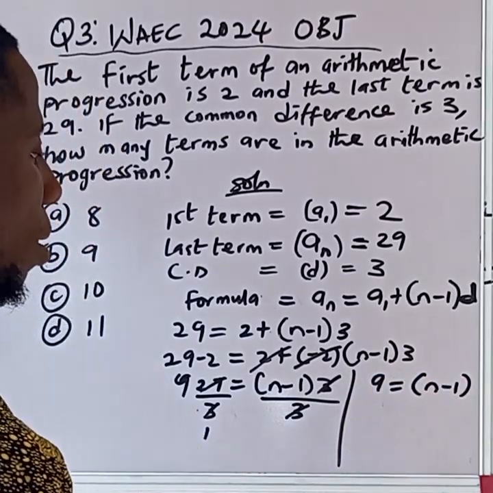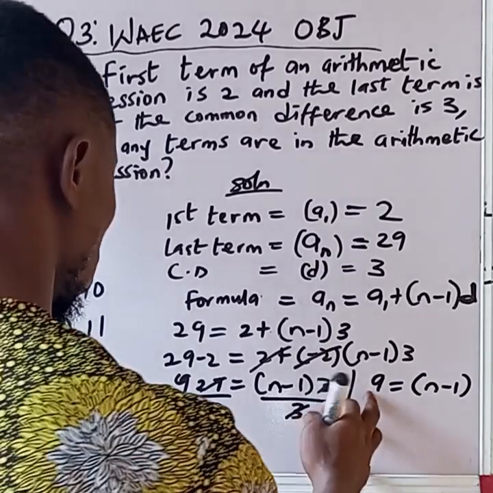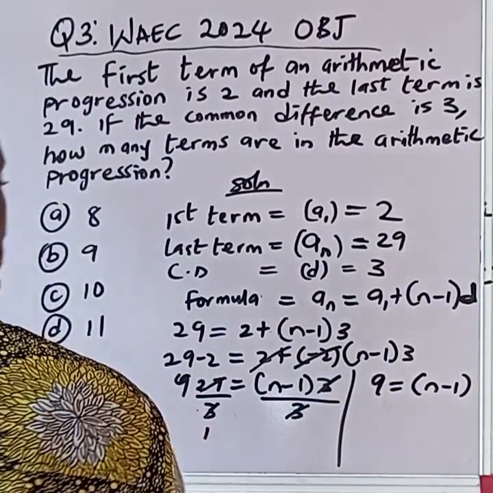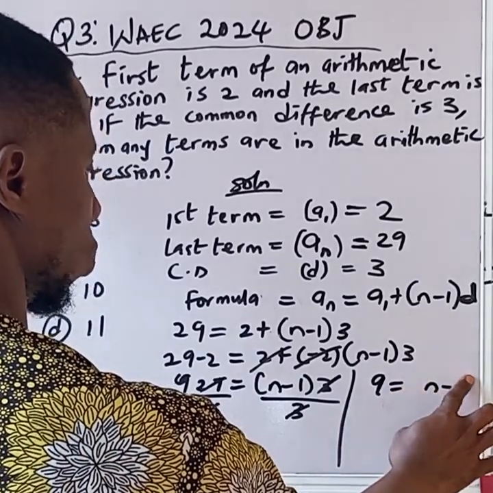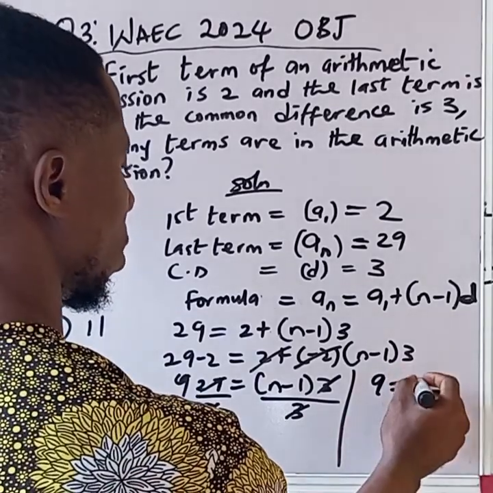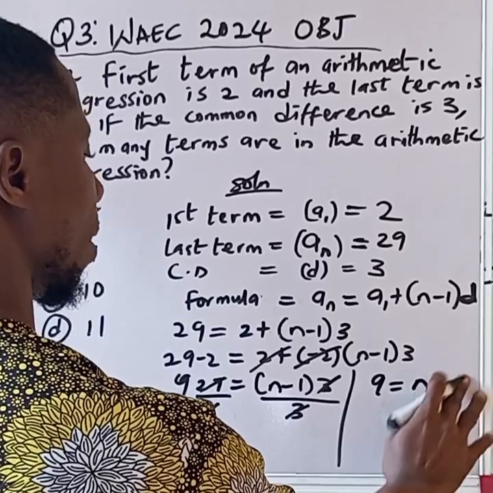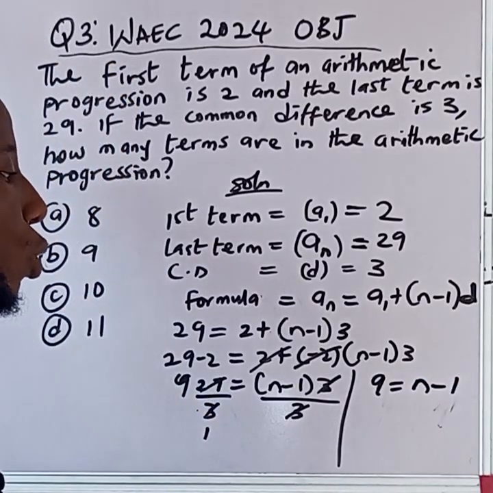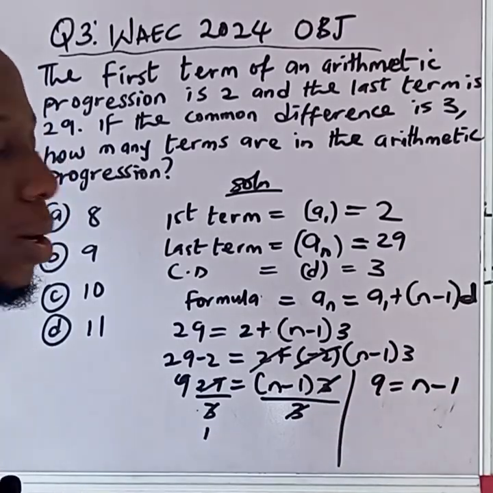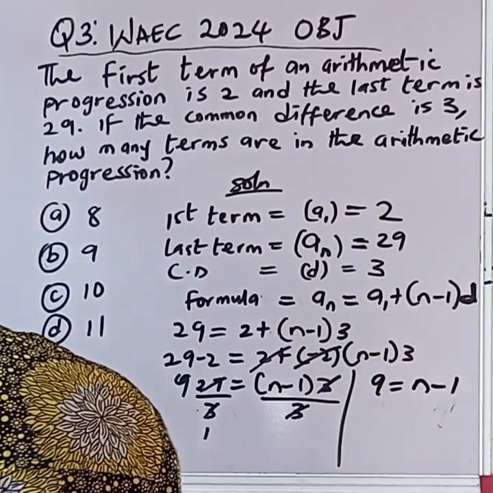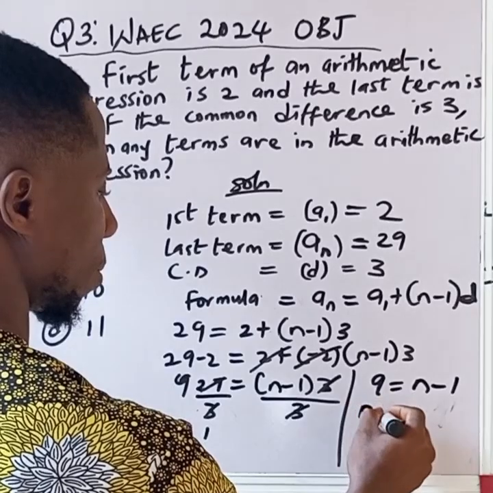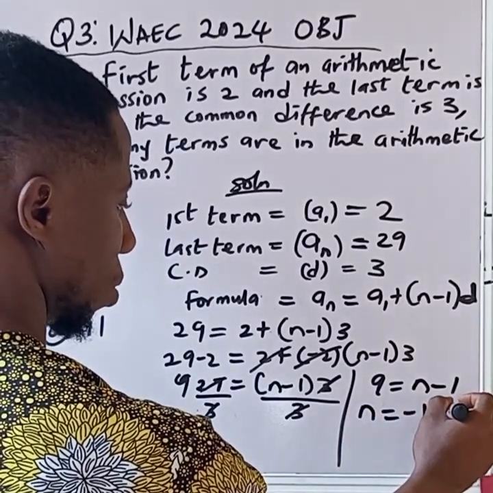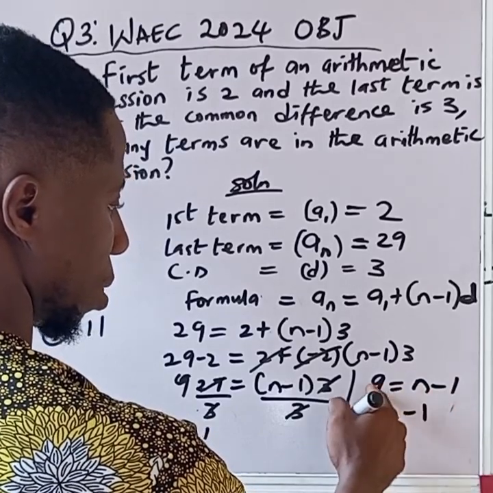All right, are you getting it now? So we have 9 equals n minus 1. There's no need for the bracket because we have opened the bracket already. We move the minus 1 to the other side, so n equals 9 plus 1.